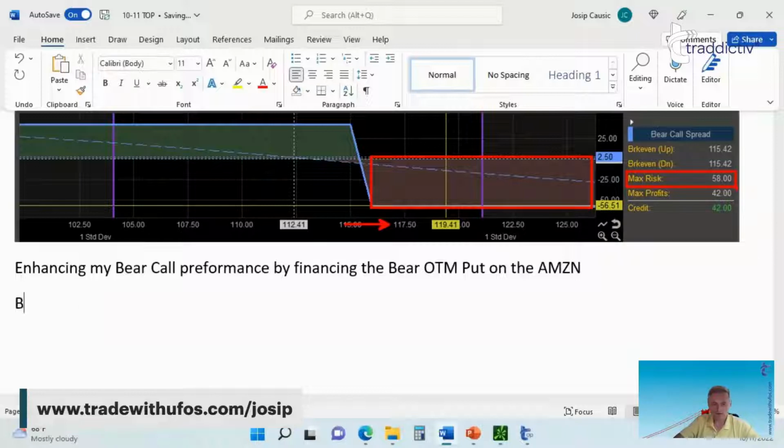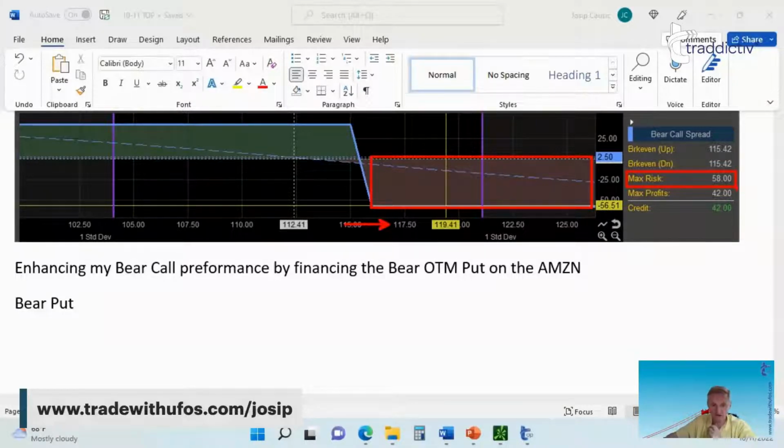So the bear put spread is a strategy that I bet a lot of people simply don't understand, because it is different than a bear call spread. A bear call spread is something that you can simply place and almost forget about it. With a bear put spread, you've got to have an exit.